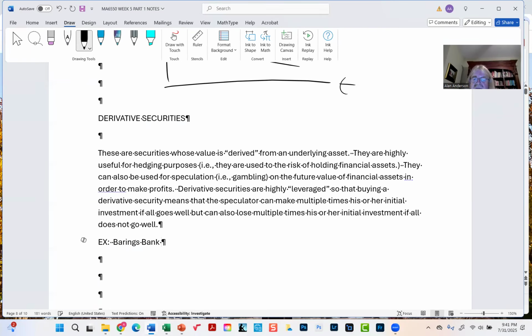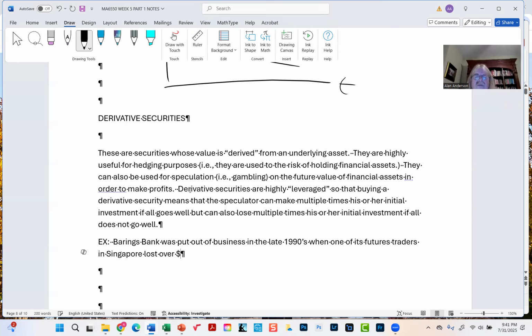Barings Bank, which no longer exists, was put out of business, and this is in the late 90s, when one of its futures traders in Singapore lost over $1 billion speculating on the Nikkei 225, which is the Japanese stock market. It's not easy to lose $1 billion, but it took him like 3 or 4 months to do this.